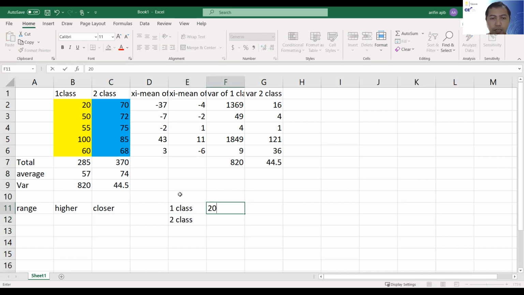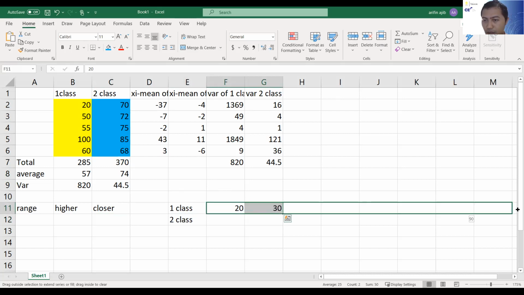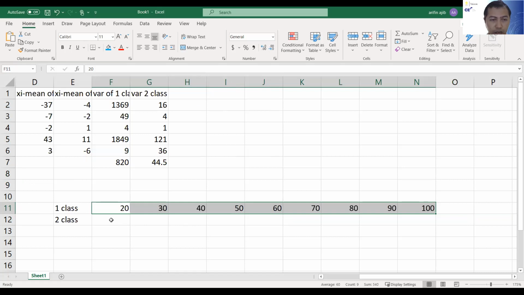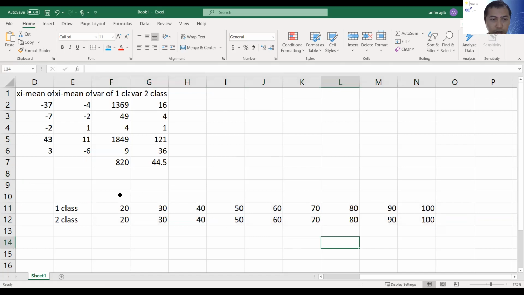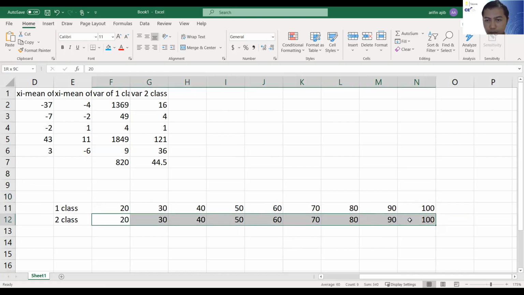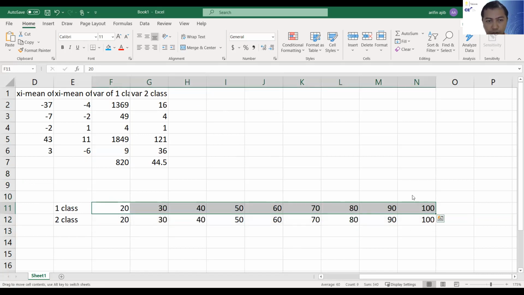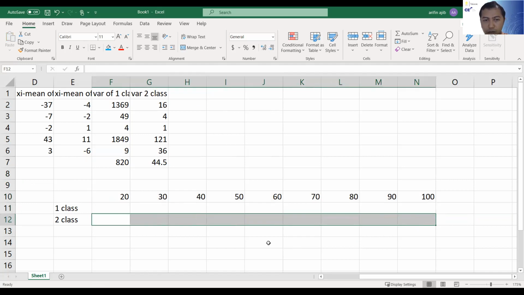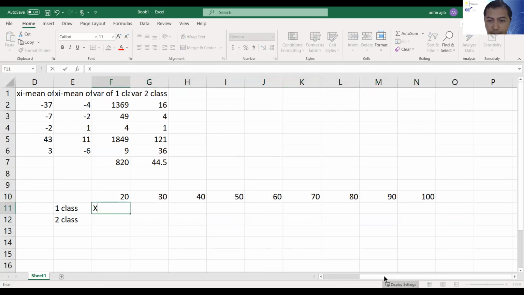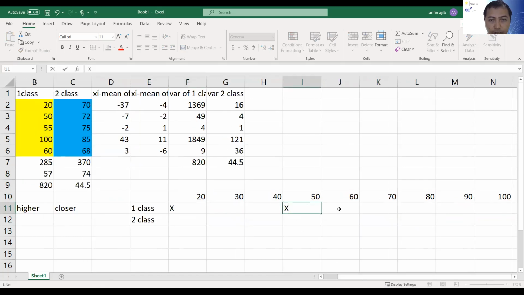The first class starts from 20, let's say 30-something, and then we get 100 here.